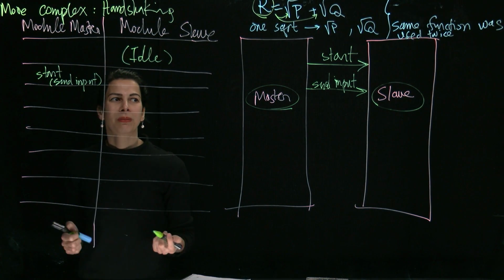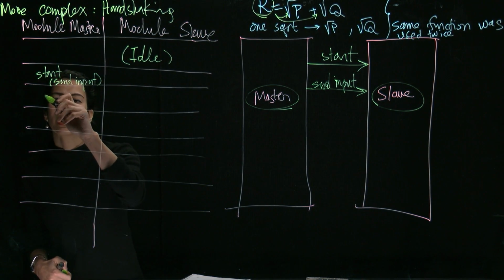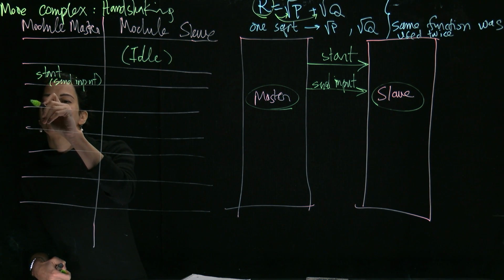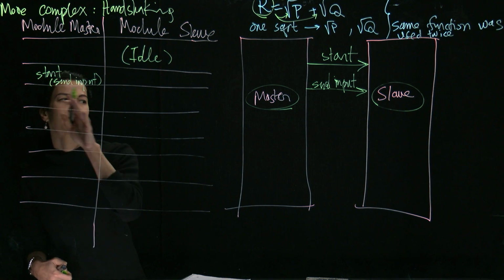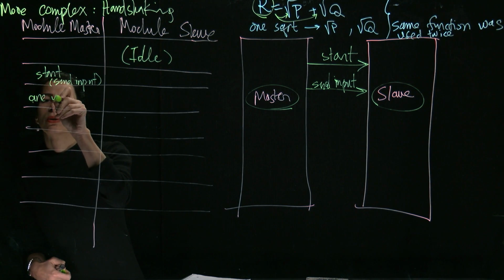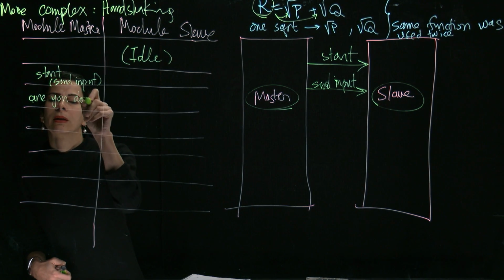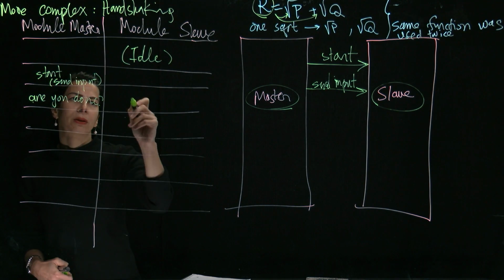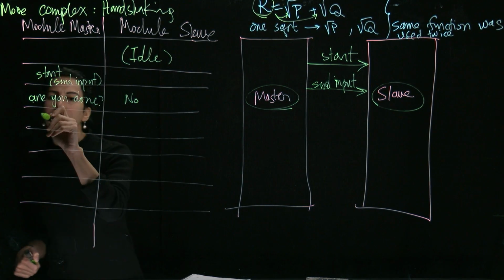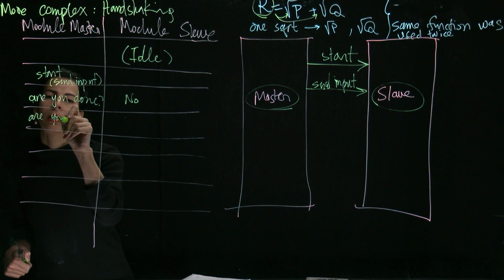In the simple protocol I'm showing now, let's assume that the master keeps probing the slave, asking, are you done? This could take some cycles. Again, are you done?